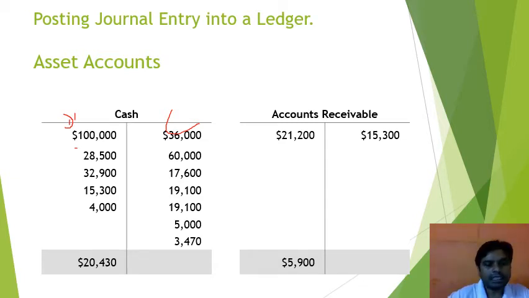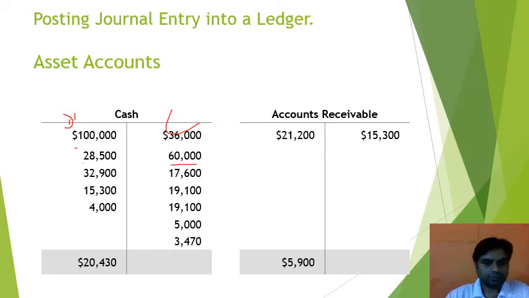After that, the second transaction: 36,000 was credited, which we paid for the rent. The third transaction was 60,000, and again it was credited because we purchased an equipment of 80,000 on Jan 13, in which we paid 60,000 through cash.